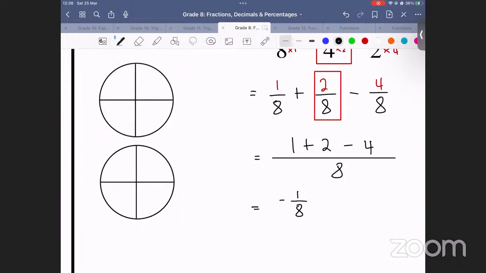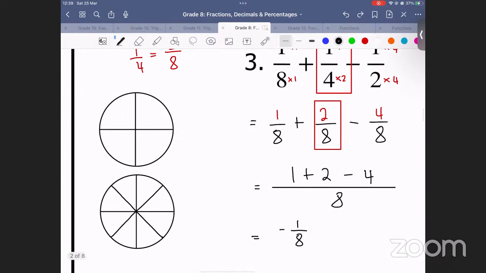If I separate it further, you can see that when I represent 1/4, this here is 4 out of 4 slices, and here is 8 out of 8.